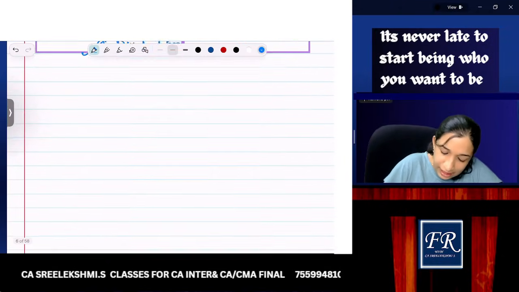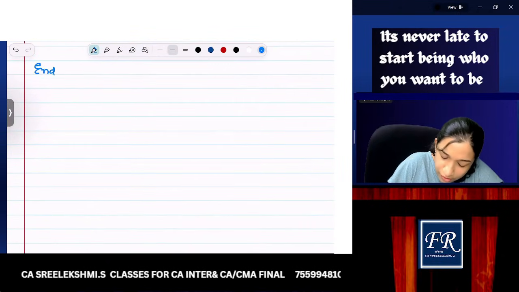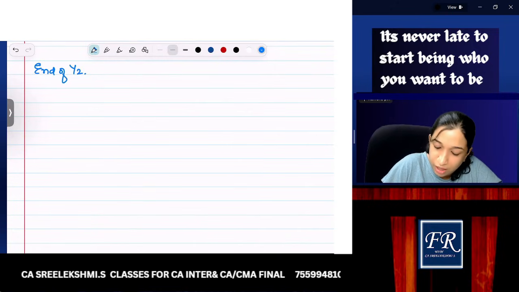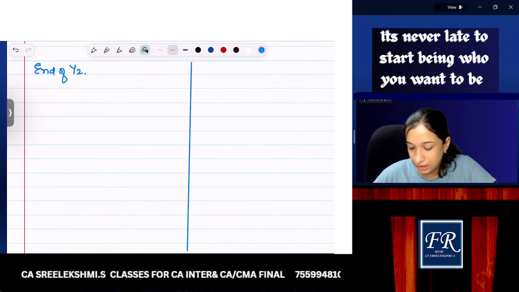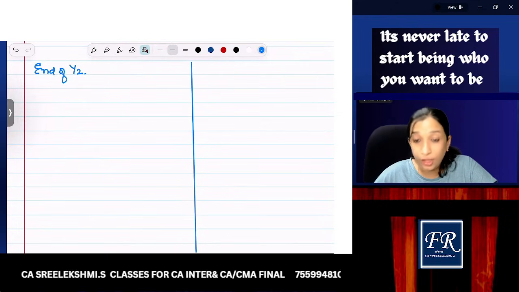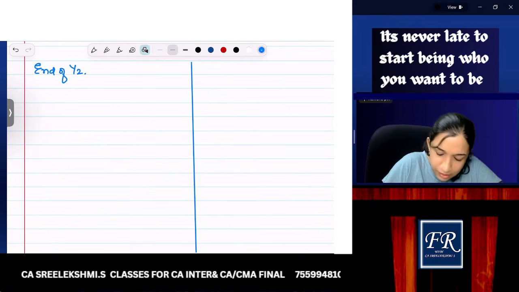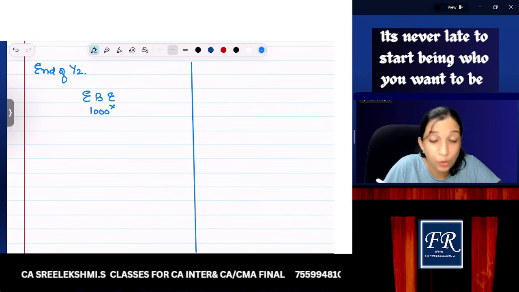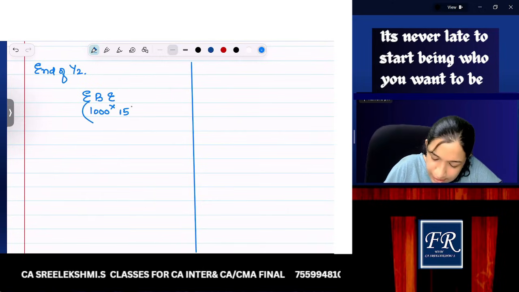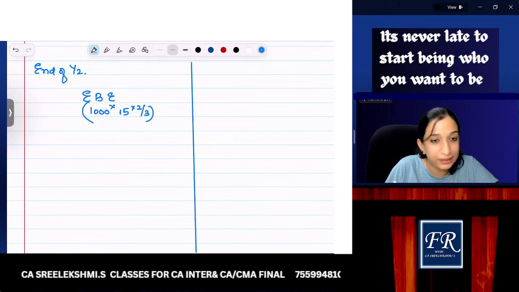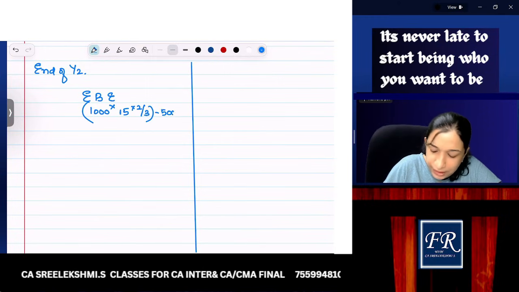Now what is the entry at the end of year 2? End of year 2, what will be the journal entry in the books of parent and in the books of subsidiary? At the end of year 2, the parent company's employees will be getting shares of the subsidiary company. So again, employee benefit expense, how much? 1000 employees, 1000 shares into 15 is the fair value, and this is 2/3 for the second year, of which 5000 is already recognized.